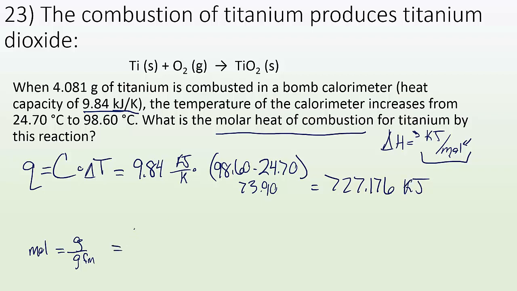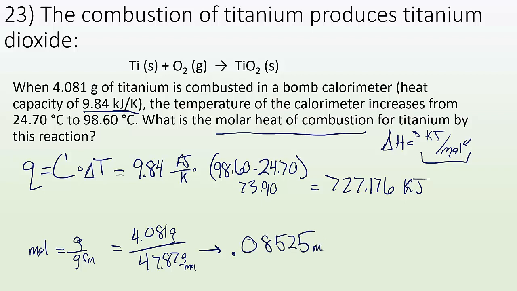And now my moles. I go, all right, well, that was for 4.081 grams of it. What is the GFM of titanium? So I have to just look it up. Titanium is 47.87 grams per mole, which means that I end up with 0.08525 moles.